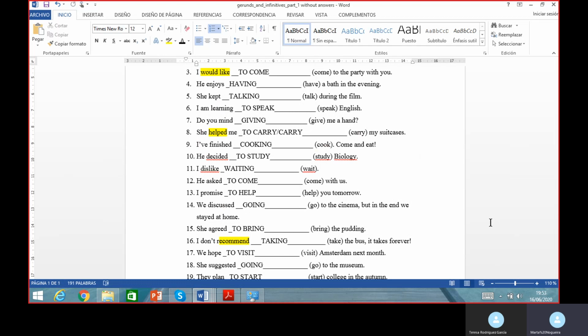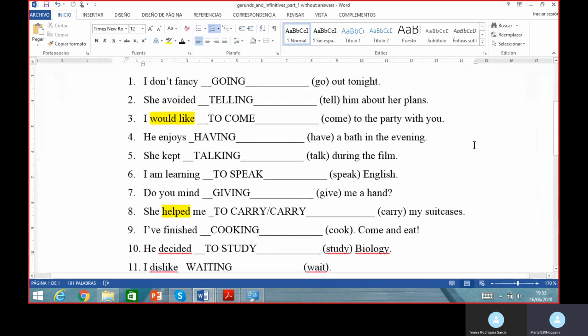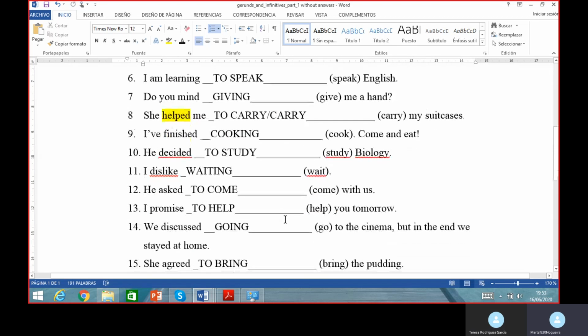Okay, so I'm going to make it even smaller. Well, I'm going to put it here. You should all know this by heart because, if in the exam you see fancy, you know that this is going to take -ing, like mind, keep, enjoy, dislike.